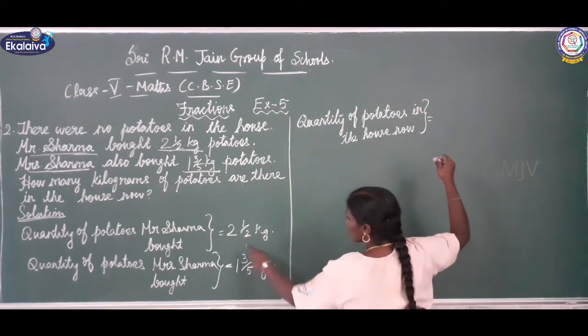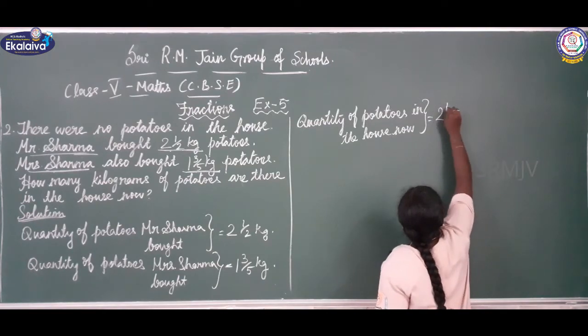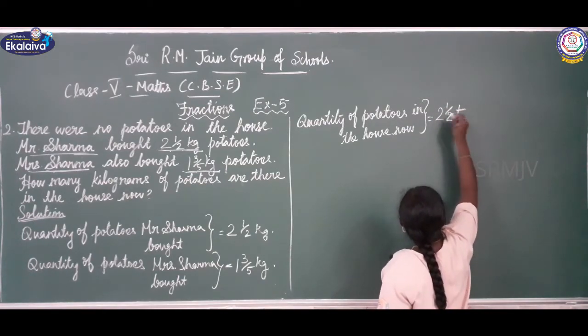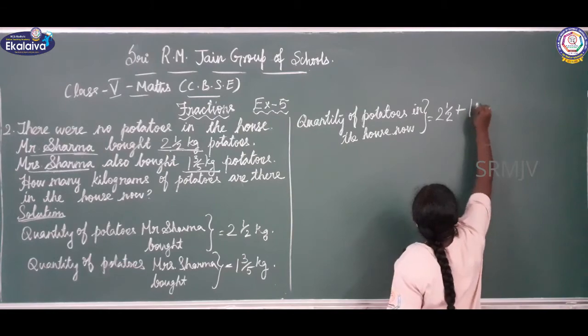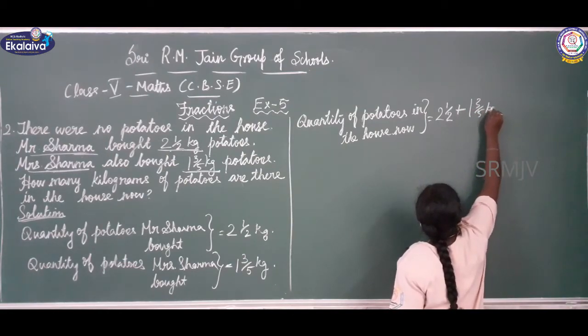For that, we have to add these two quantities. So 2 1 by 2 plus 1 3 by 5 kilogram.